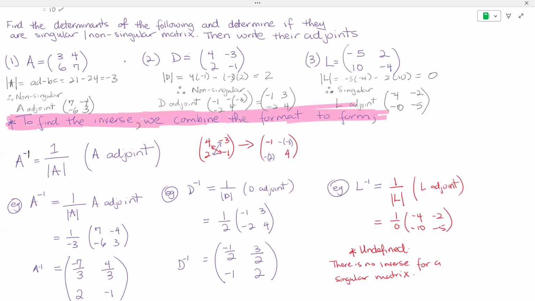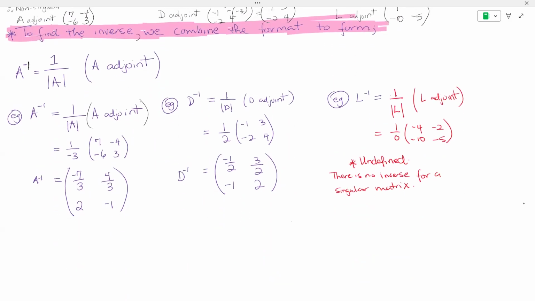So remember, I told you that we need 3 things: the determinant, the adjoint, and then to do our scalar multiplication. So A inverse is 1 over the determinant of A by A adjoint. D inverse is 1 over the determinant of D by D adjoint. L inverse is 1 over the determinant by L adjoint.